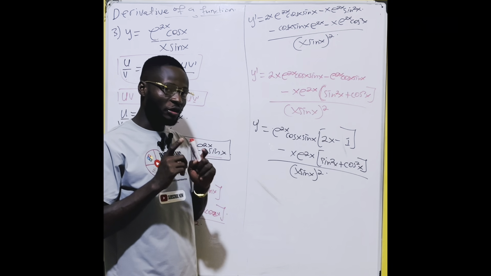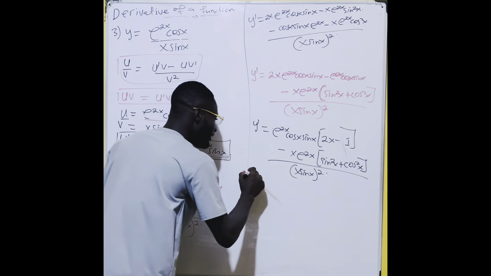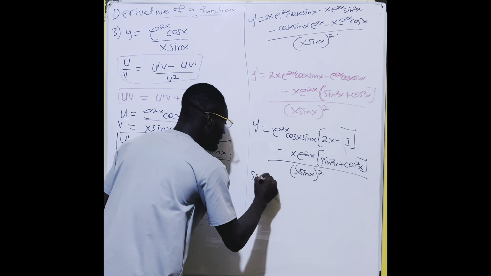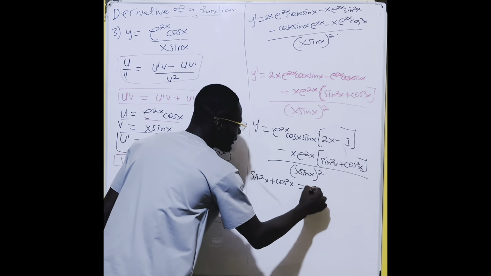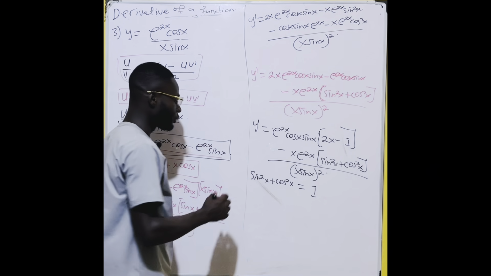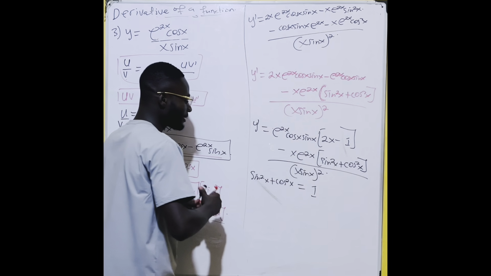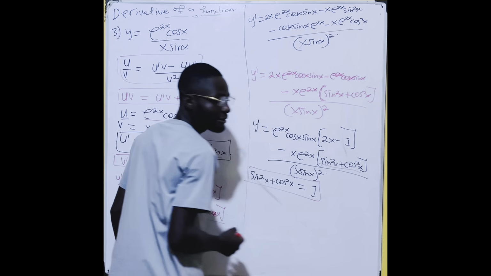And recall that there is an identity that says that sine squared x plus cos squared x sum up to 1. So this property is going to replace all this, right?